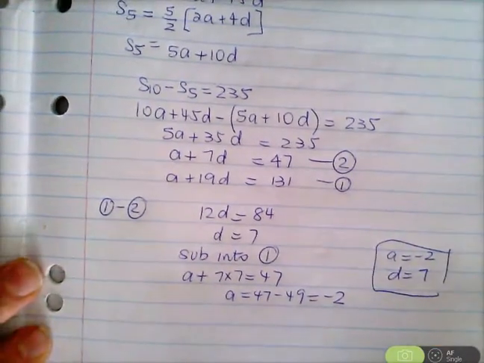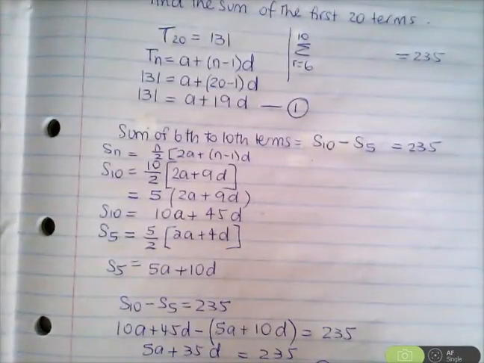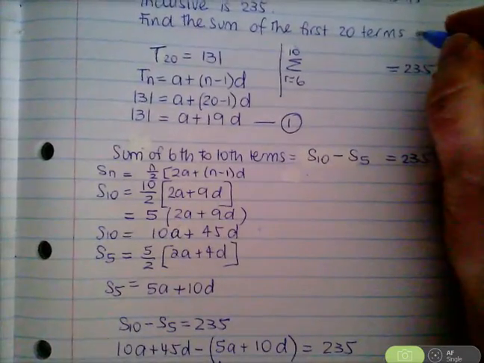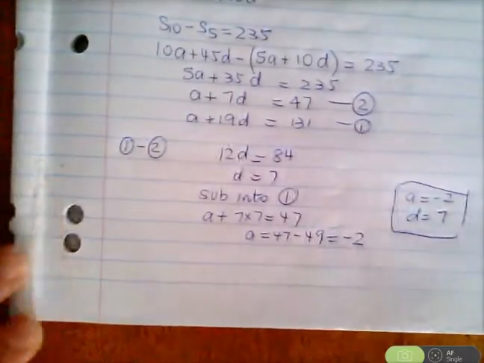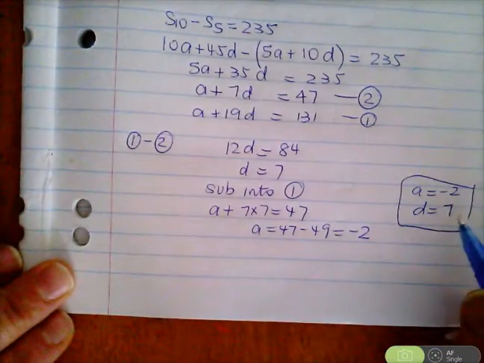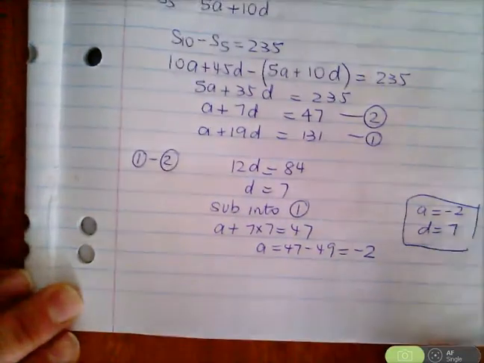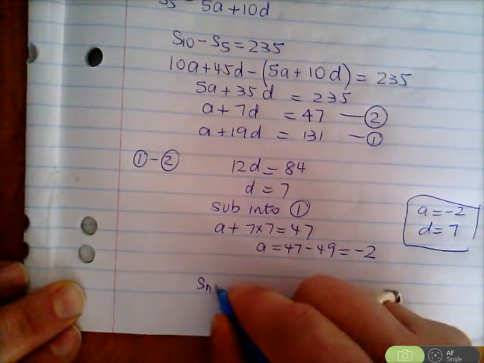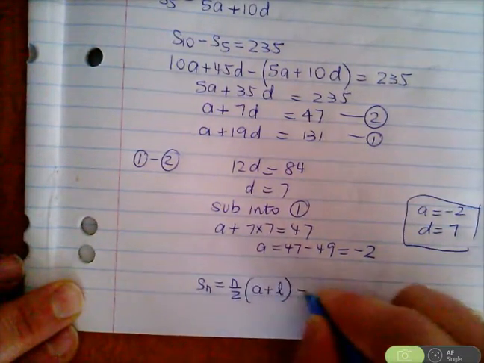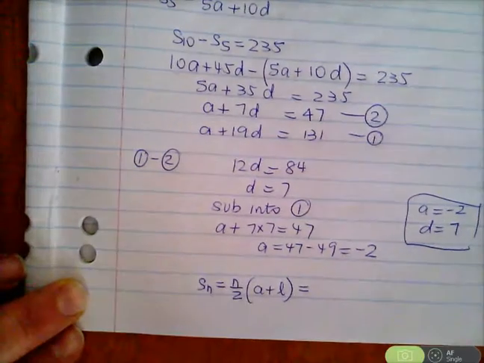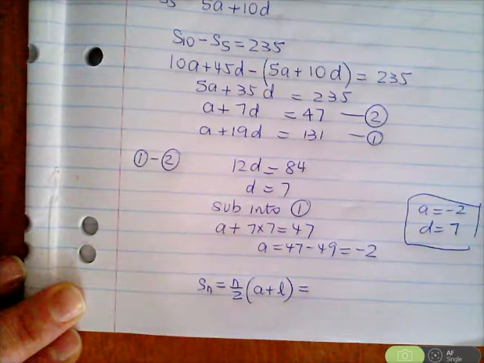So now we can work out, the question is to find the sum of the first 20 terms. We actually know what the last term is anyway, so we can use Sn equals n on 2 (a plus l) if we want, because it told us the 20th term is 131.